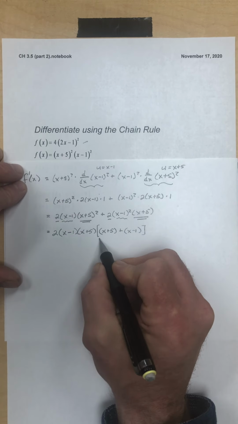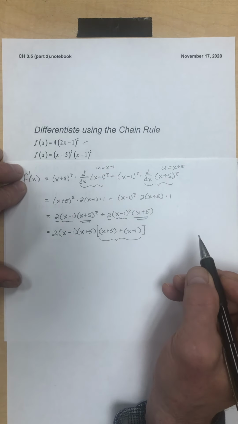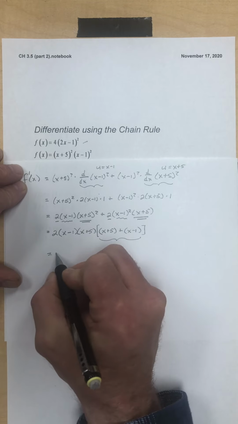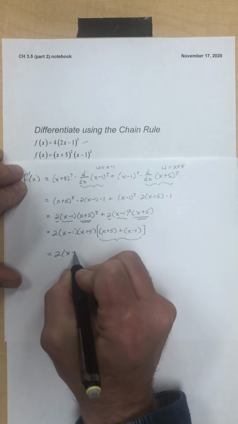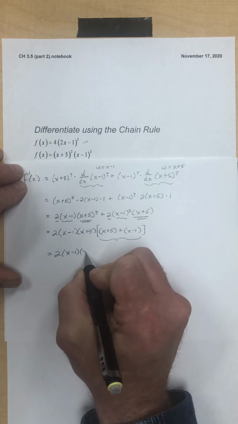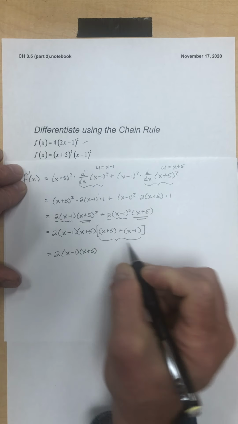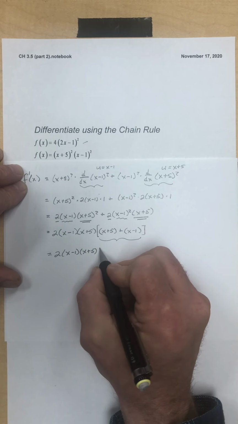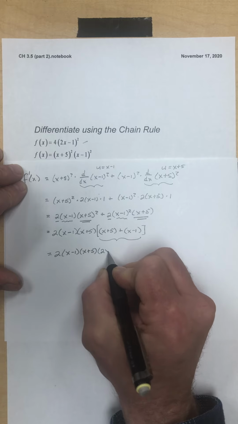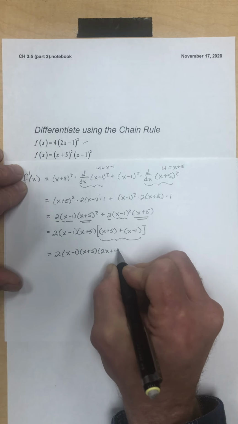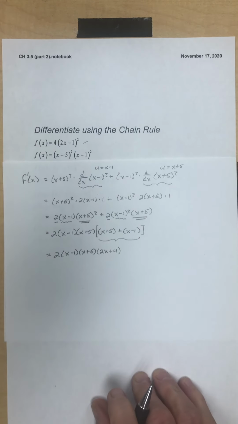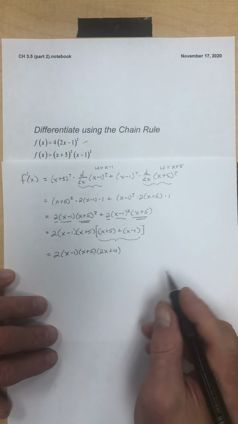So all we have to do is simplify in here by collecting similar terms. So I have 2 times x minus 1 times x plus 5. And then when I add these, notice I'm going to get 2x plus 4. And so I asked myself, can I do anything else?